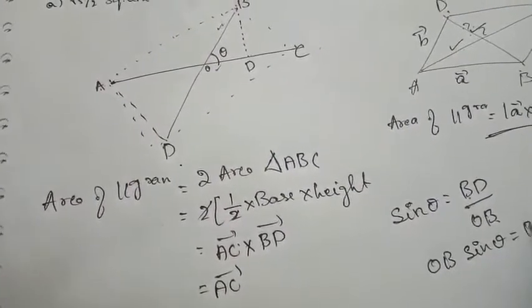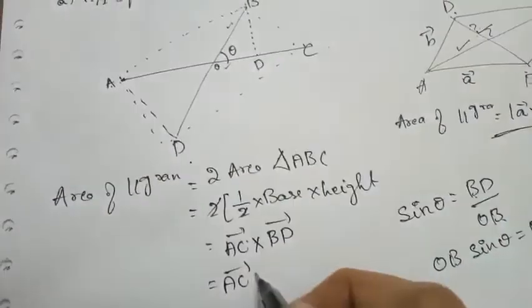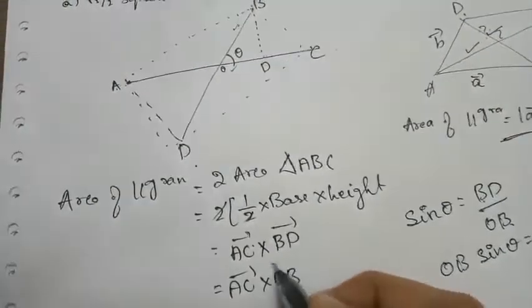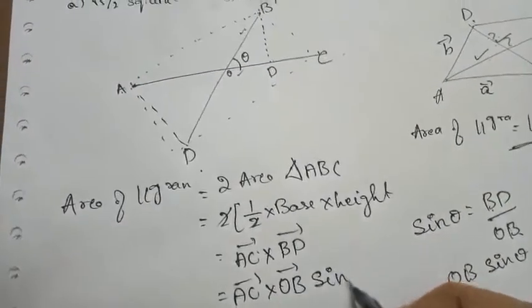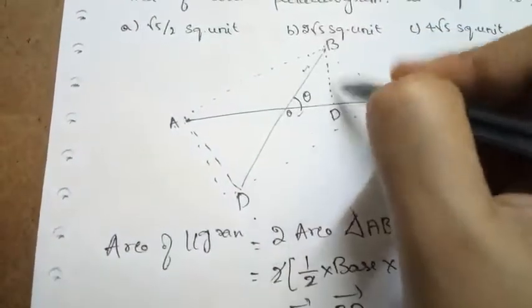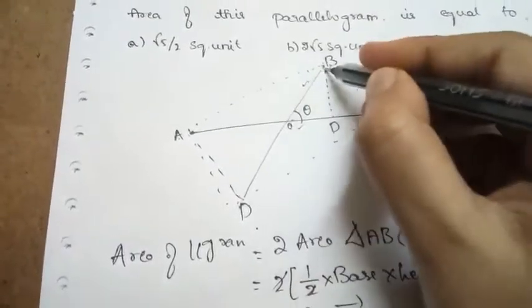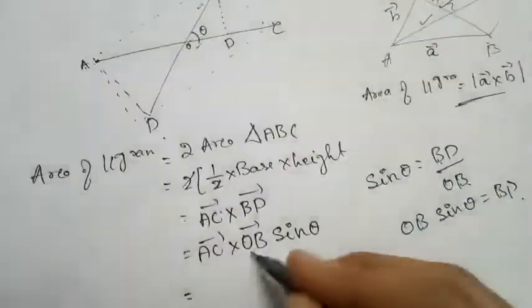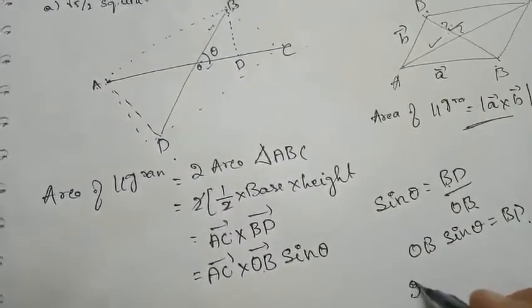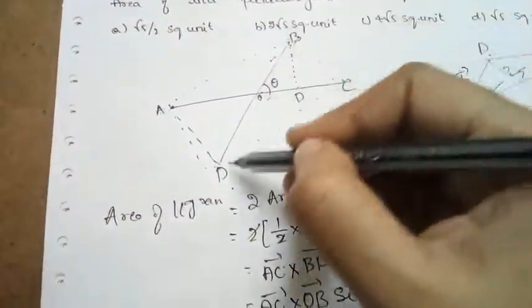Now what is vector OB? Since O is the center, OB is half of the diagonal BD.